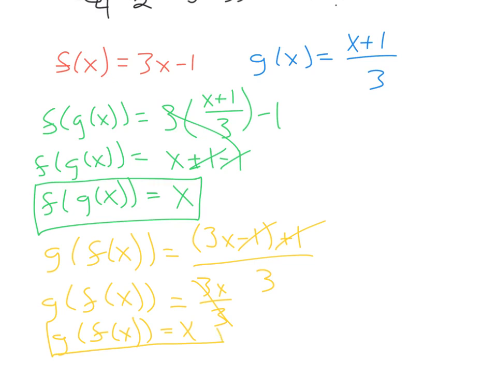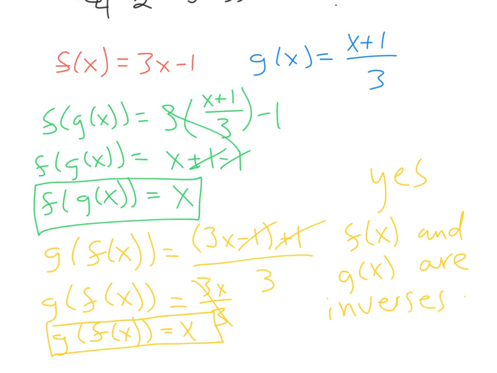Alrighty, so as you can see, it doesn't matter which way you go about it, they both come out to y equals x. So we would say yes, f of x and g of x are inverses of each other.